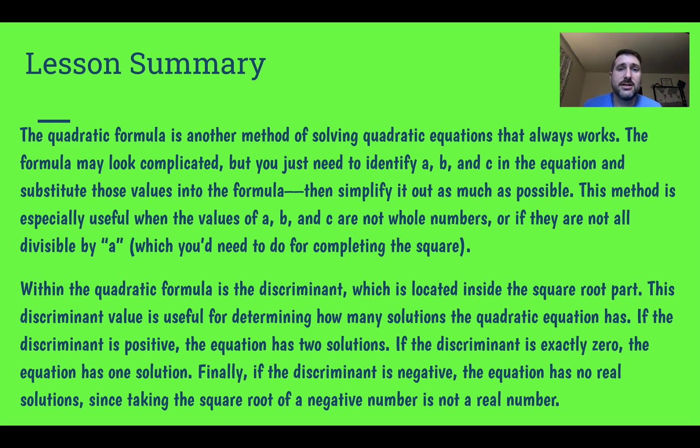If it's exactly 0, which we didn't see any examples of, there will only be 1 solution. And then if the discriminant is negative, then the equation has no solutions, since you're trying to take the square root of a negative number, and you don't get a real number doing that.